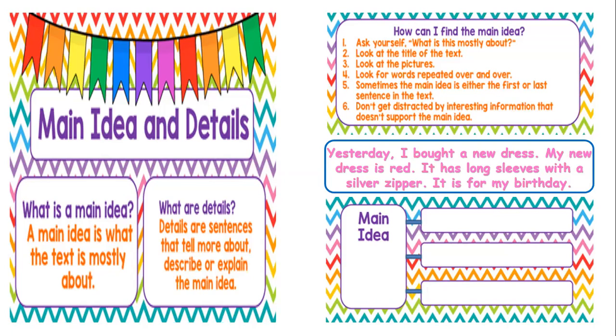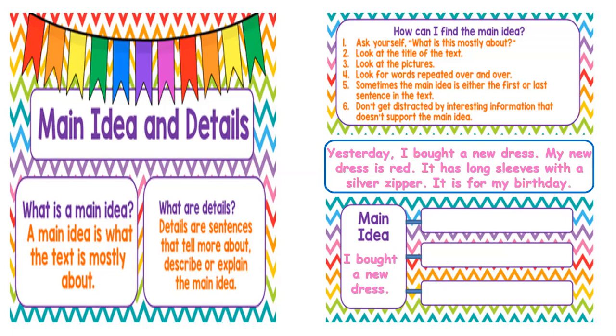Maybe we can use number 5. Sometimes the main idea is either the first or last sentence in the text. I bought a new dress. The last one, it is for my birthday. Which one is the main idea? Excellent. I bought a new dress. This is the main idea.